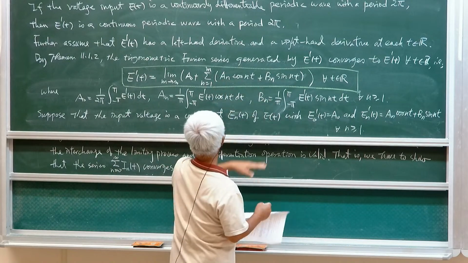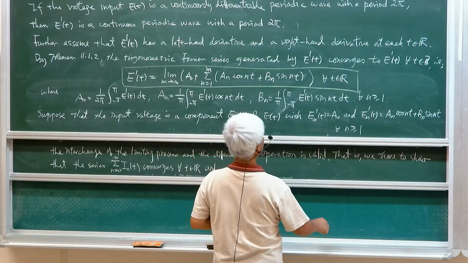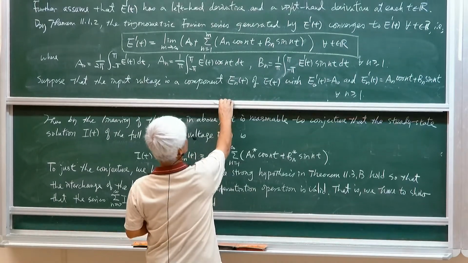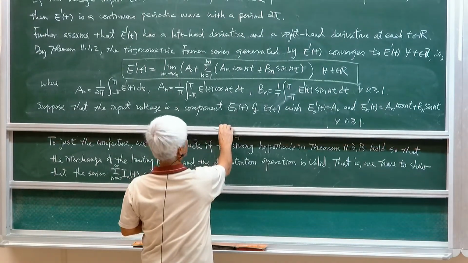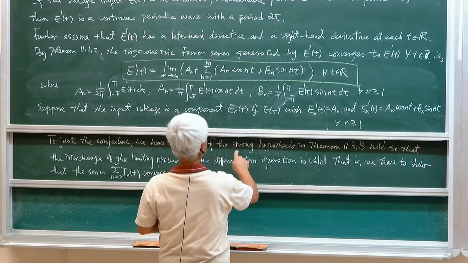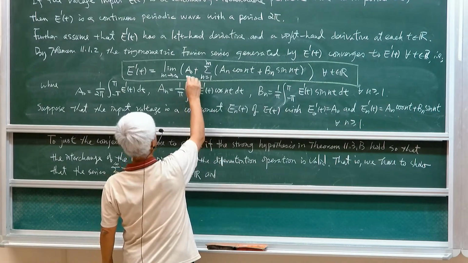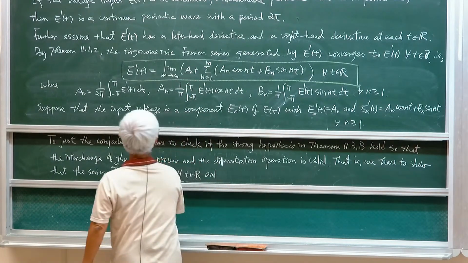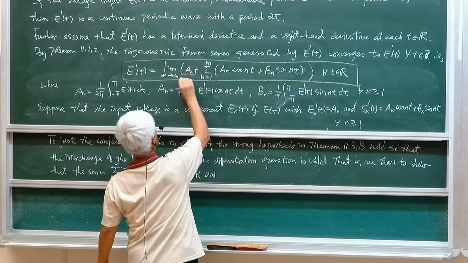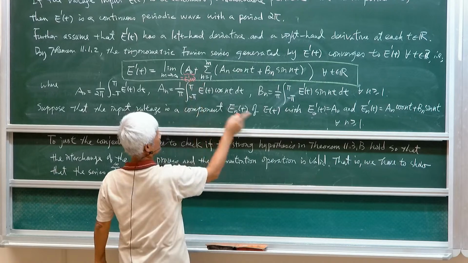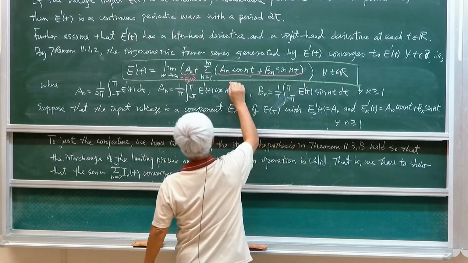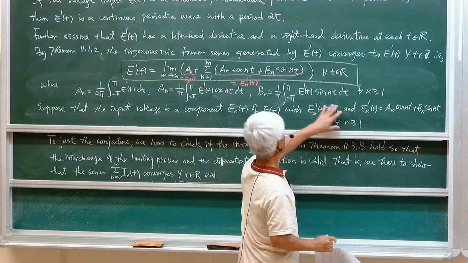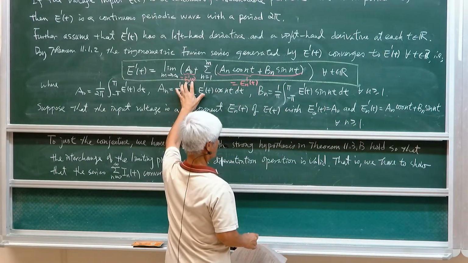And this is E0 prime t, and this one is equal to En prime t, so that is the derivative of the nth component, and this is the derivative of the zeroth component together.